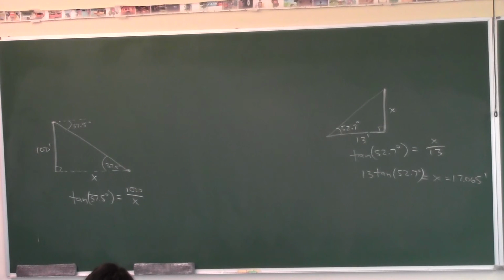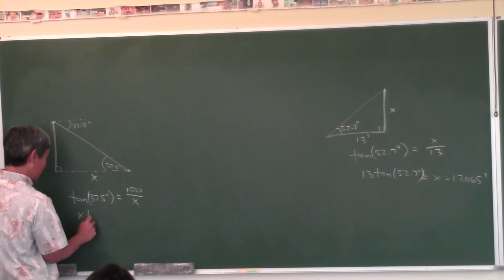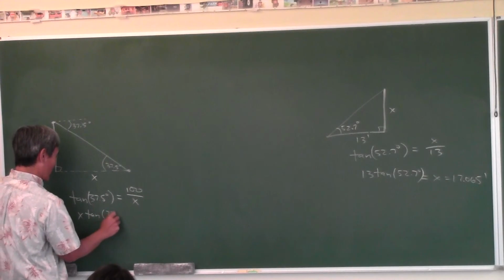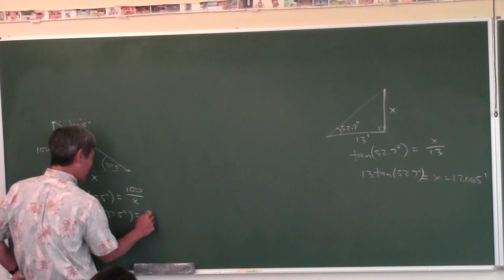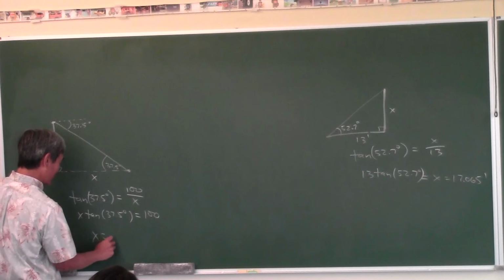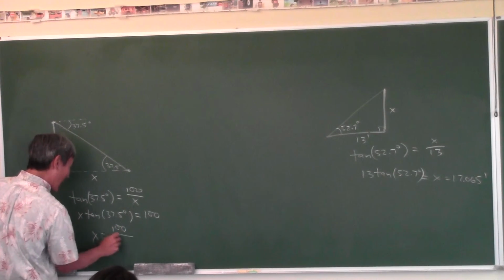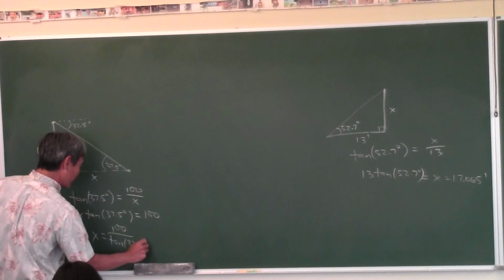First step, cross multiply. Some of you can do this all in your head at once, but let's go step by step. So multiply both sides by x, right? And then how do I get rid of this tan 37.5? Divide, so x is equal to 100 divided by tangent of 37.5 degrees.